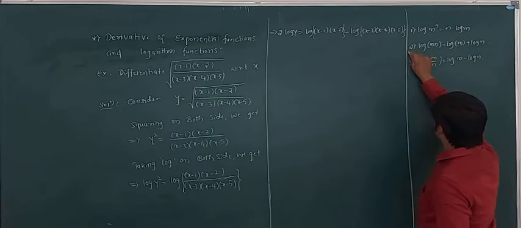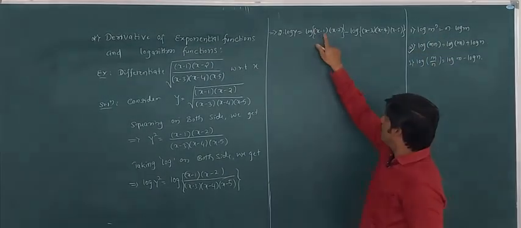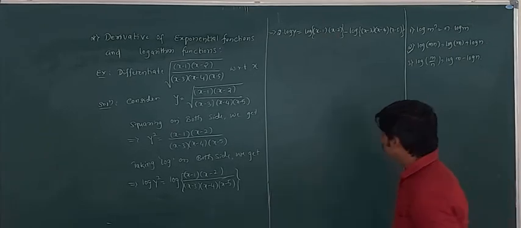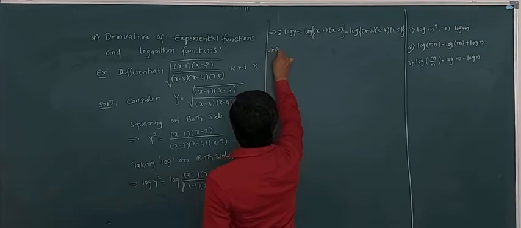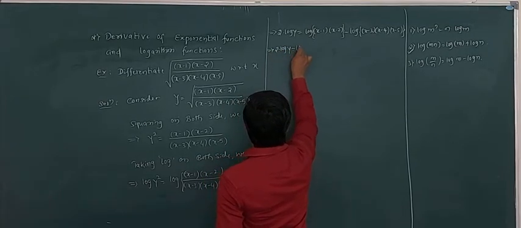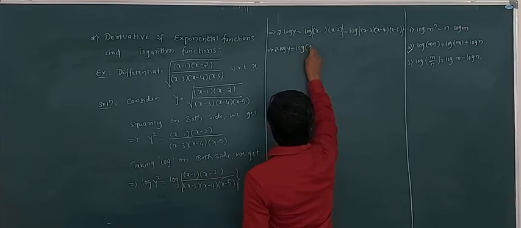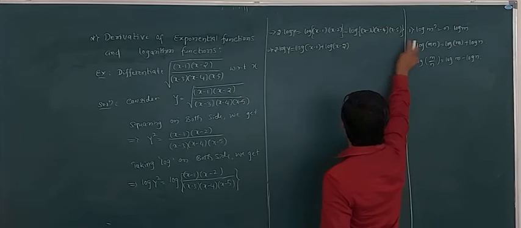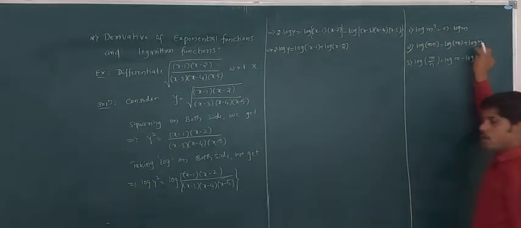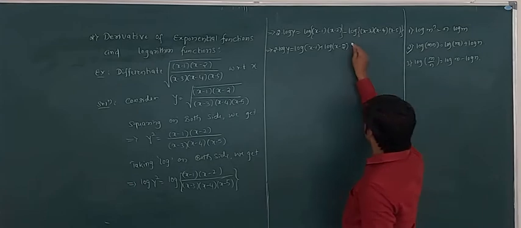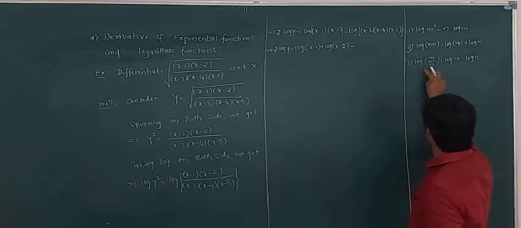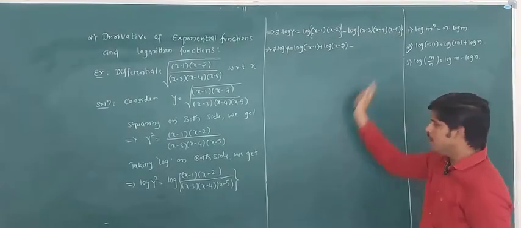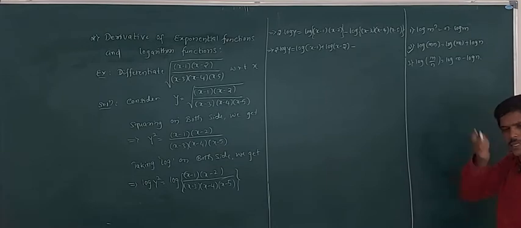Again using the second property, log m into n, in place of m we have x minus 1 and in place of n we have x minus 2. This implies 2 into log y is equal to log (x minus 1) plus log (x minus 2). Again using the second property, log mnp is log m plus log n plus log p.